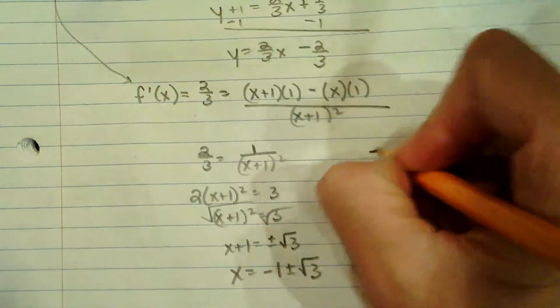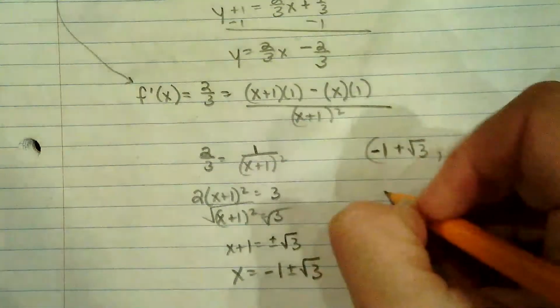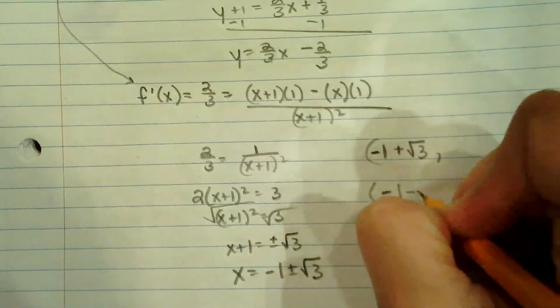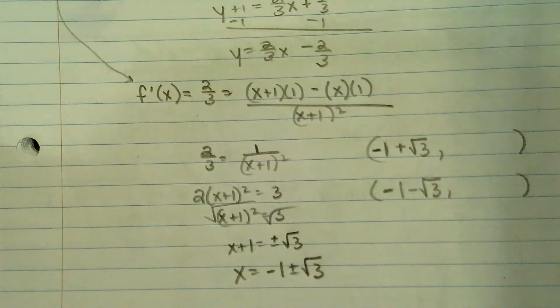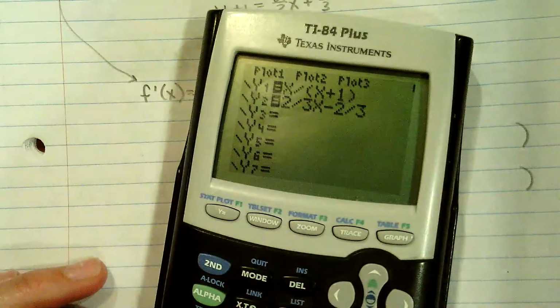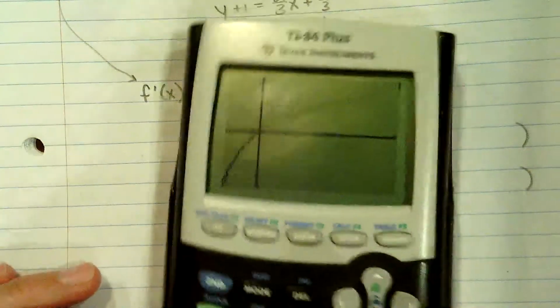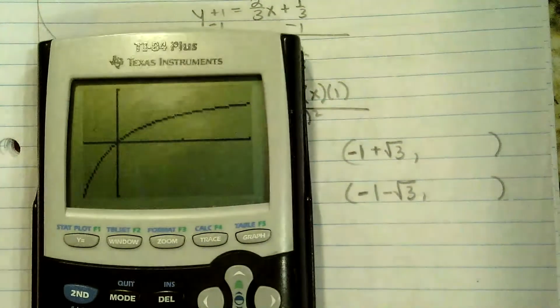So one has an x coordinate of negative 1 plus root 3, comma something, and the other one has an x coordinate of negative 1 minus root 3, comma something. So again, on my original function, I'm going to deselect my secant for a second. But on my original function, I'm going to find my y coordinate in a faster way.